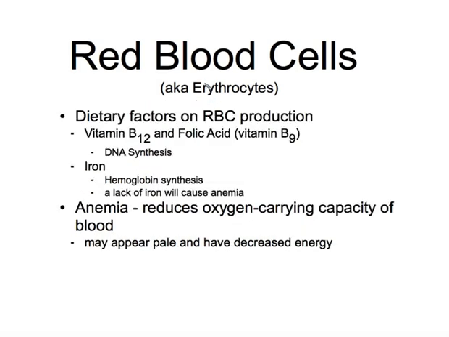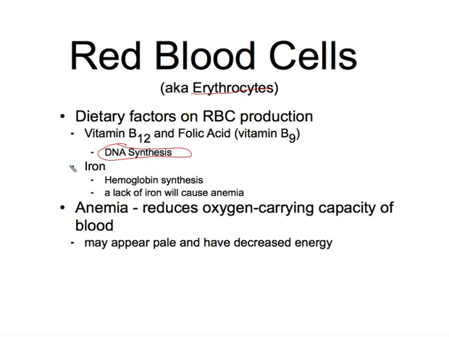A couple more facts on erythrocytes, your red blood cells. So vitamin B12 and folic acid, or vitamin B9, both assist with the function of DNA synthesis. All right, so these vitamins are important to carry in your bloodstream, which can then be diffused into cells and used to assist with DNA synthesis.